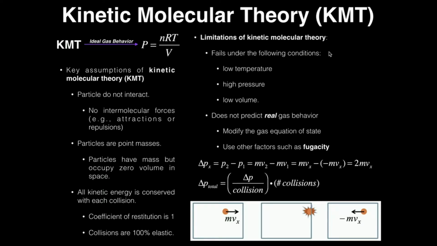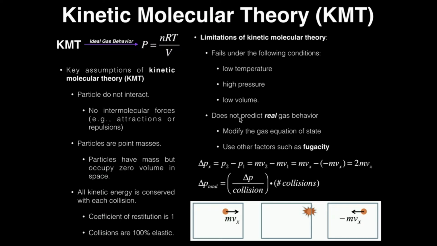There are also some limitations of kinetic molecular theory, and it's really just that it fails particularly when you have low temperature, high pressure, or low volume. So in real situations, if you have a gas that has high temperature, low pressure, and a very high volume, those tend to be conditions where you might be able to use ideal gas behavior, and these assumptions would not fail too badly.